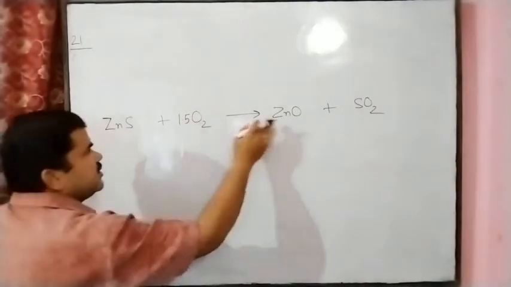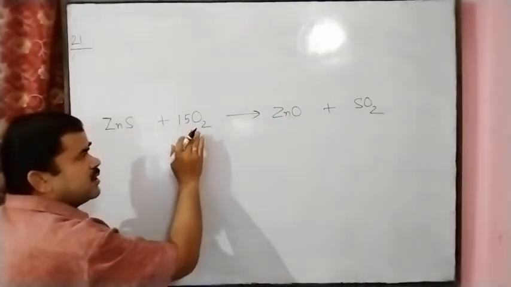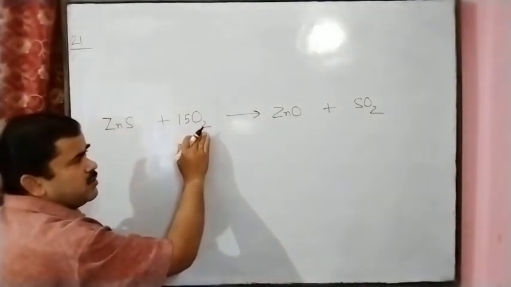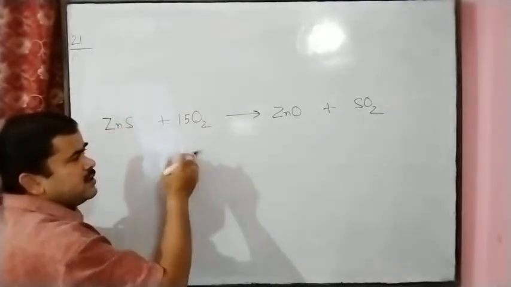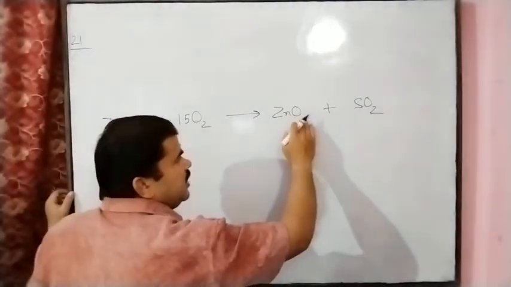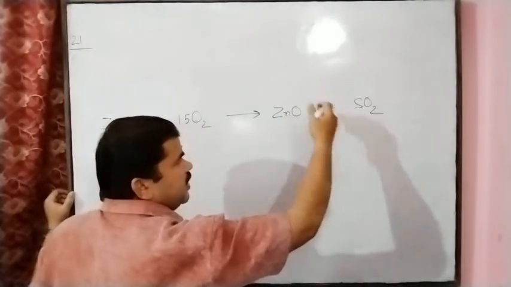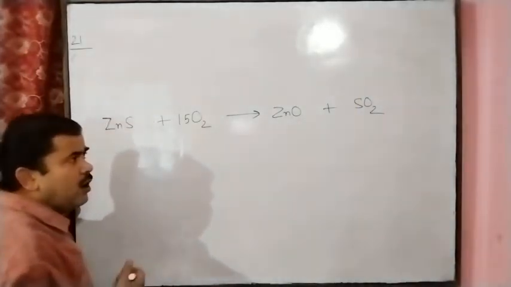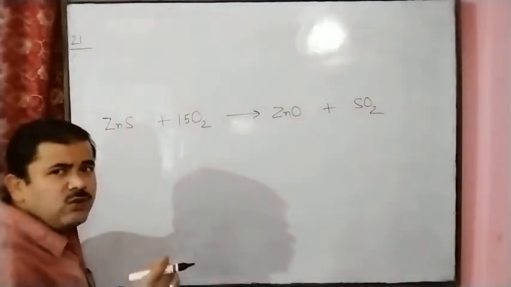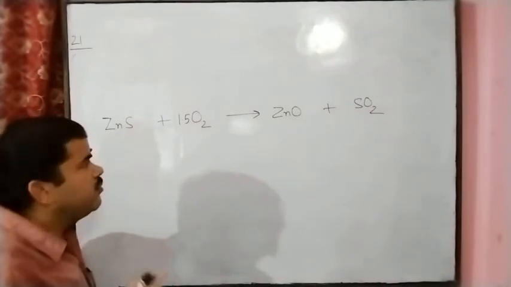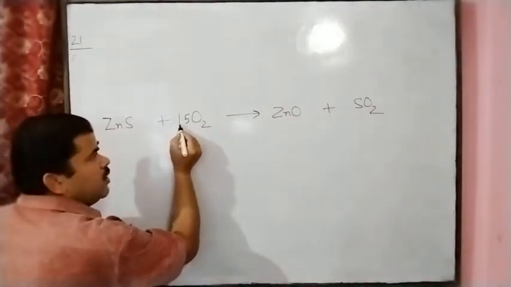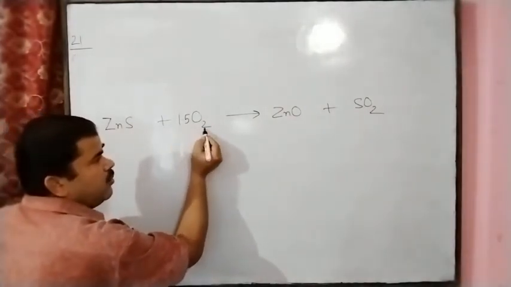Zn balanced, sulfur balanced, but for oxygen we see only 2 atoms on the reactant side and 3 atoms on the product side. So how to balance? You can use this trick. This is not a rule. If you write 1.5 here, 1.5 times 2 gives 3.